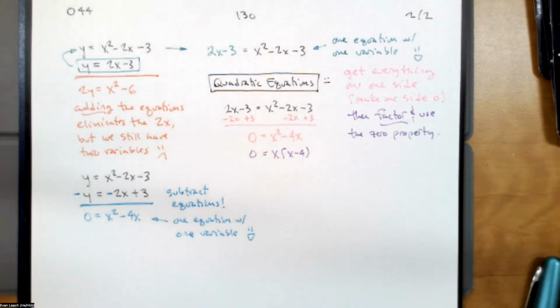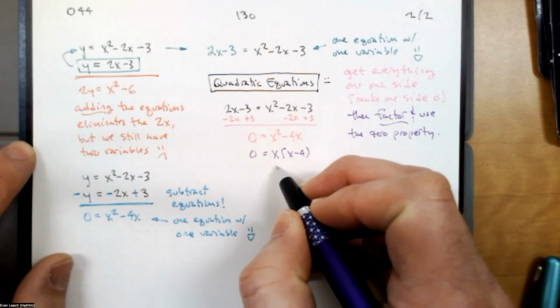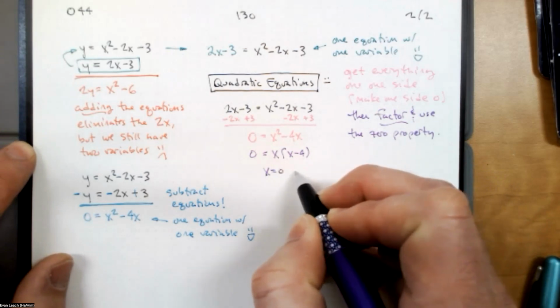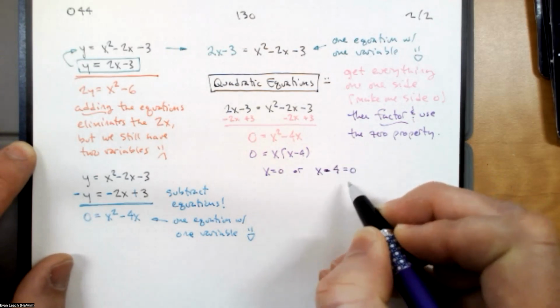The 0 property just says if a product is 0, one of the factors must be 0. If x times x minus 4 equals 0, then either x is 0 or x minus 4 is equal to 0. The only way to multiply your way to 0 is to multiply by 0. So this says that x equals 0 or x minus 4 equals 0.